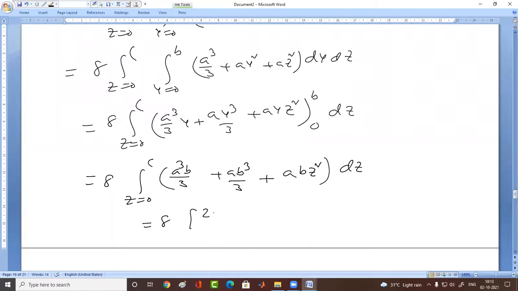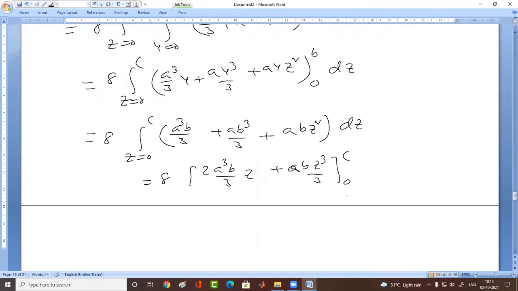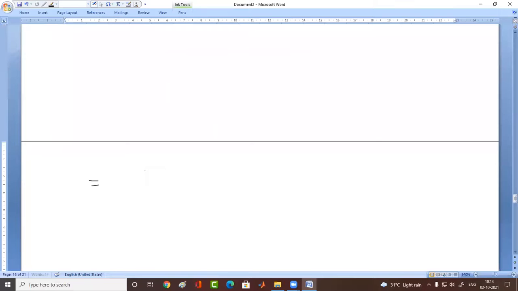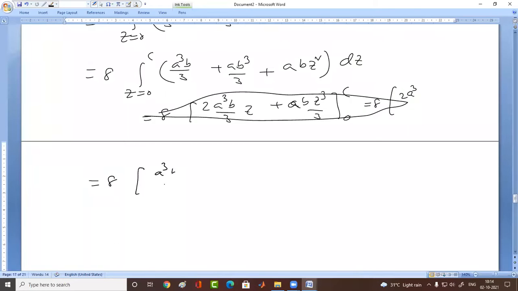Both are different: 8 times a cubed b by 3 z plus a b cubed by 3 z plus a b z cubed by 3, 0 to c.